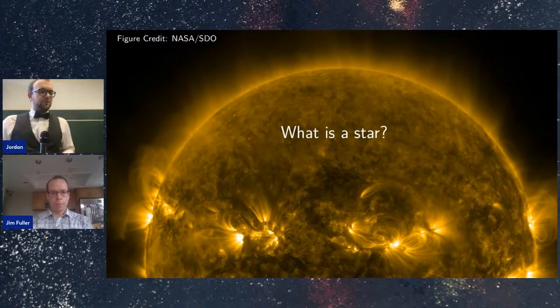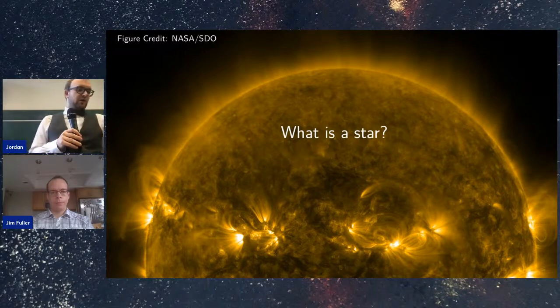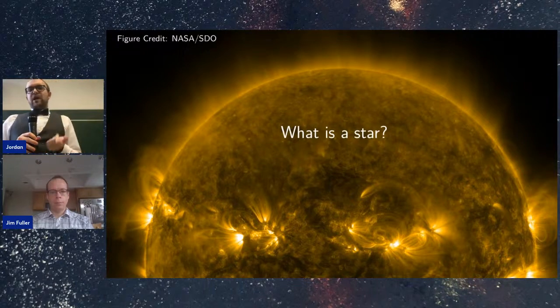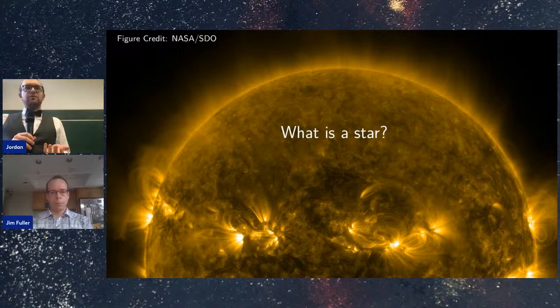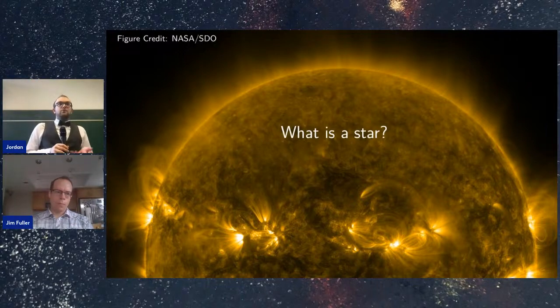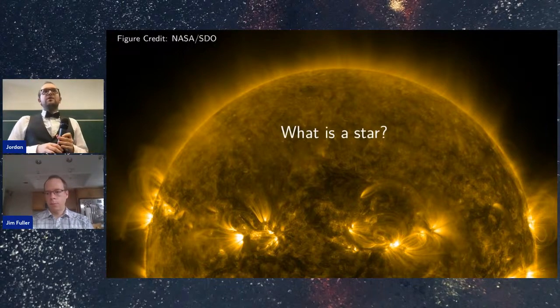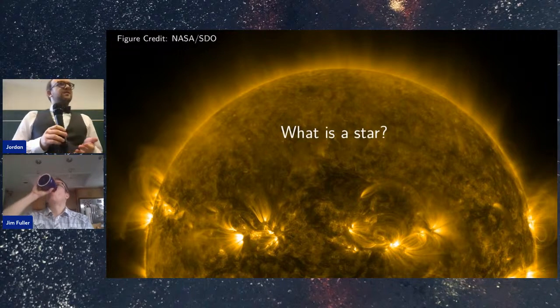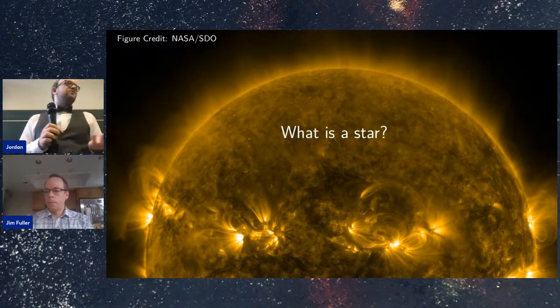The first appetizer that we're going to tackle is the question of what a star is. Now, if you had asked this question 100 years ago to a famous astronomer called Eddington, he would probably have said that a star is a fundamentally simple object.